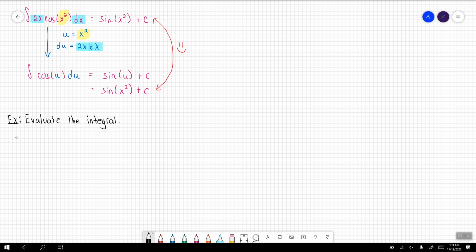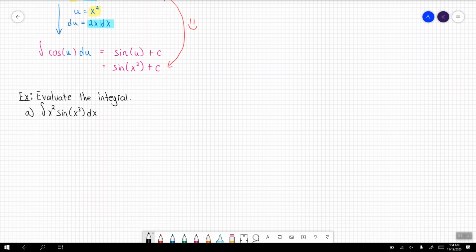So we're going to evaluate the integral. The first integral that we're going to evaluate is x squared multiplied by sine of x cubed dx. Again, we're only looking for two requirements.